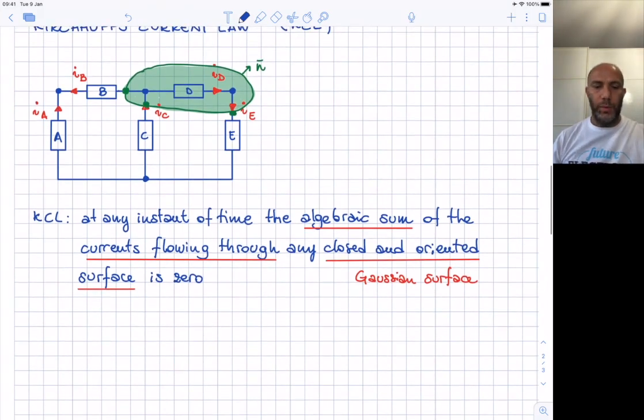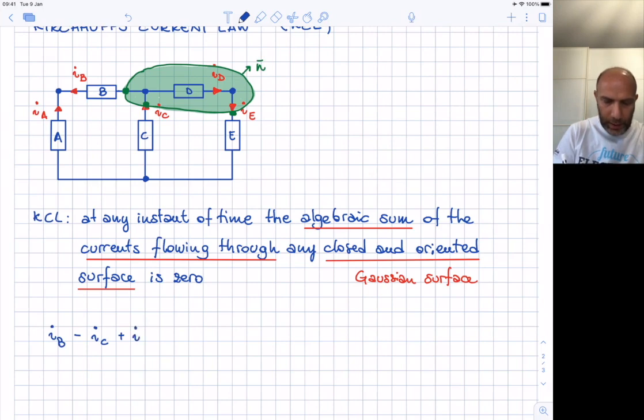So in our case, we have the current IB that is flowing out as well as the current IE, while the current IC is flowing inside. So IB and IE are taken with the plus sign, while IC is taken with the minus sign. IB minus IC plus IE.